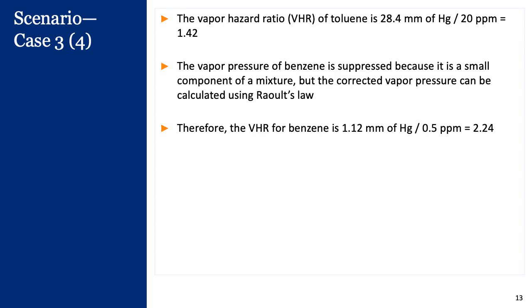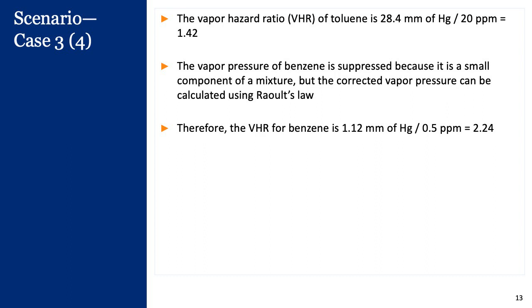The vapor hazard ratio of benzene can similarly be calculated, but now you have to use Raoult's law because it's just 1% benzene in a mixture of toluene and benzene. I'm not going to show you the calculation, but basically it's similar to the calculation I showed you for the mixture earlier.